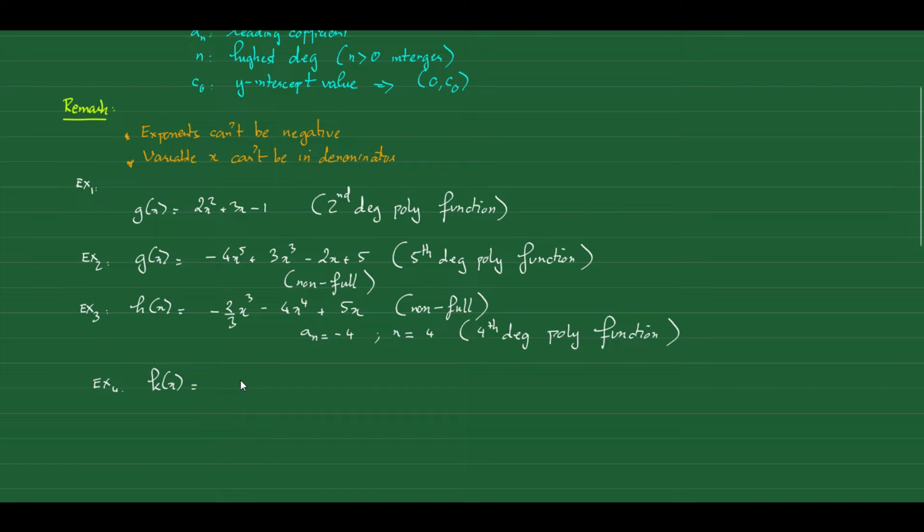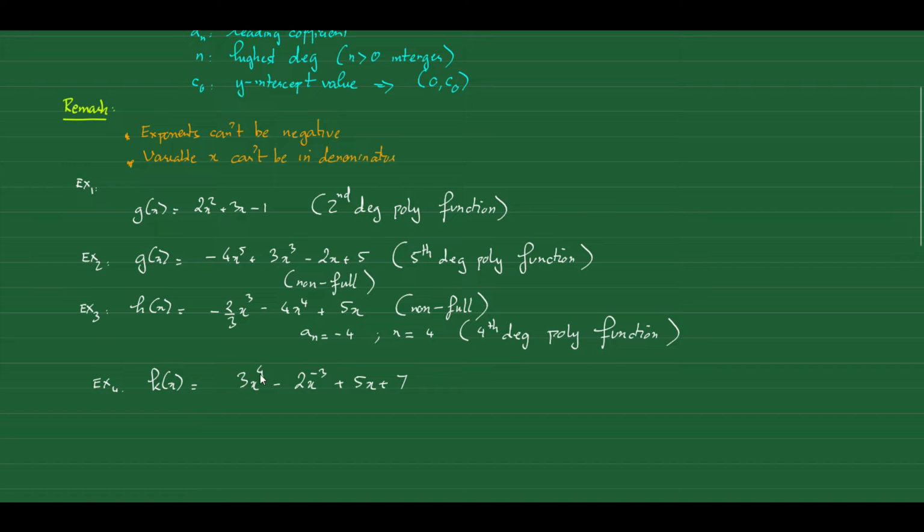What if I have 3x to the 4 minus 2x to the negative 3 plus 5x plus 7? Do you think this is a polynomial function? Let's check the condition. Look at this, the exponent is negative.